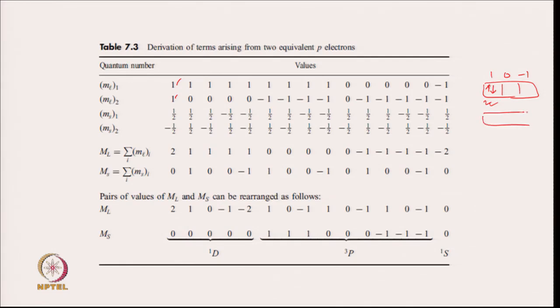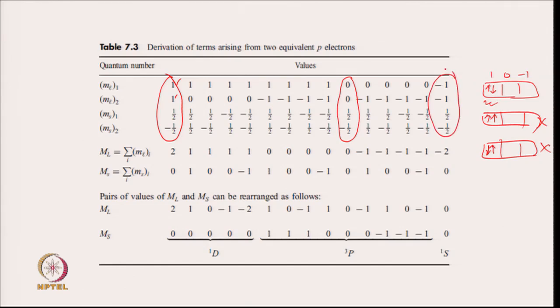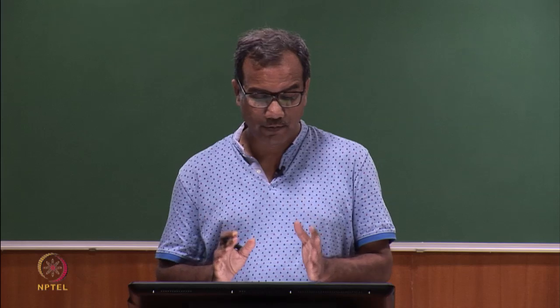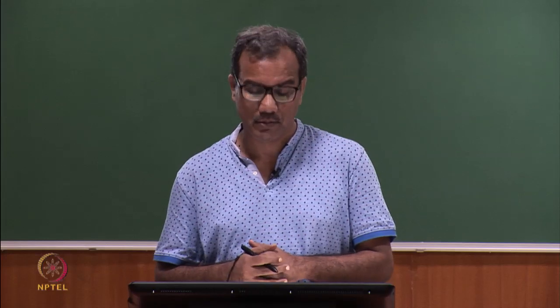You cannot have this combination, you cannot write like this, down, up, this I already discussed, and that is why there is only one combination. Similarly, if you look at when I put 0, 0, then there is only one combination, minus 1, minus 1, then there is one combination. So, if ML1 and ML2 are equal, there is only one combination possible.